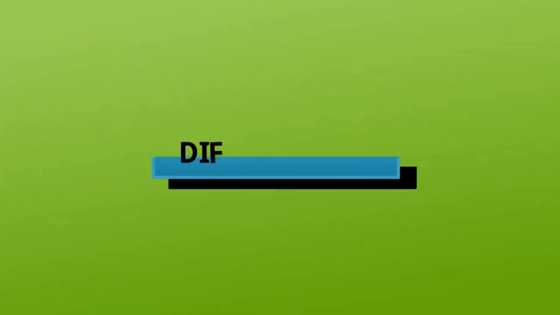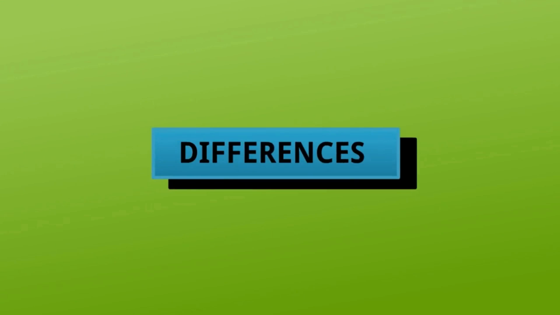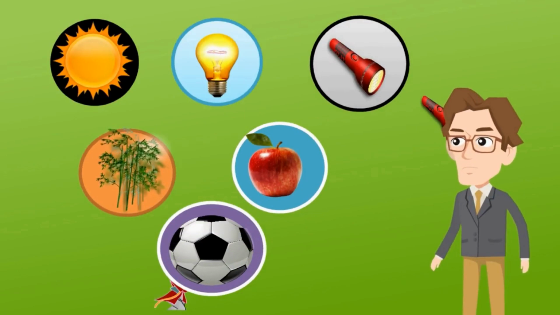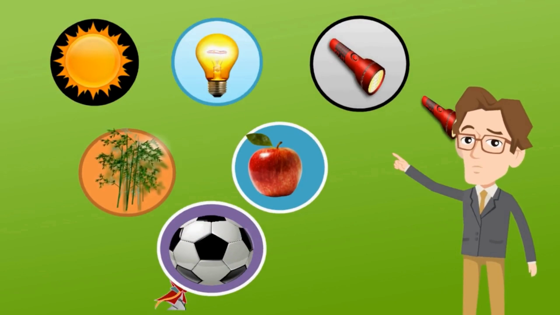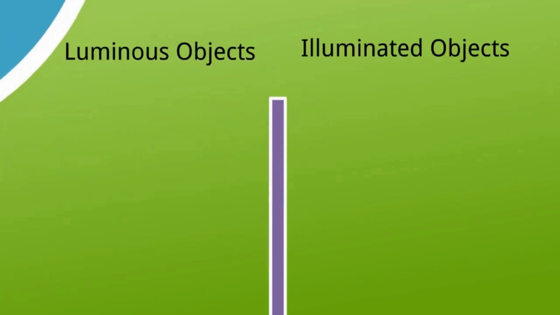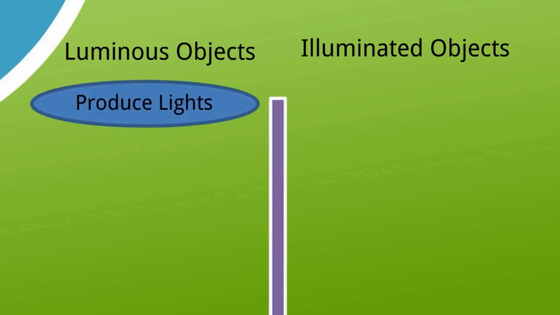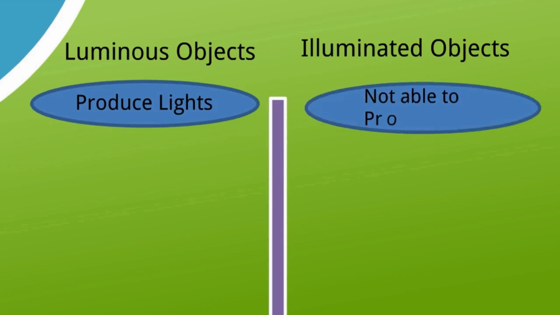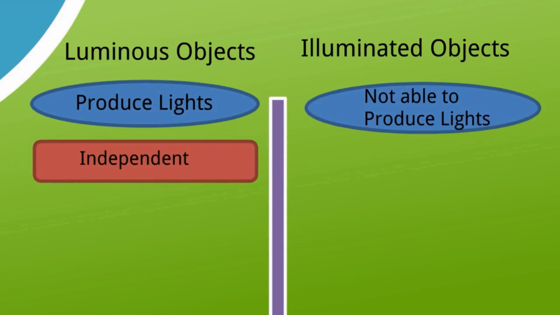Differences. Sometimes we get confused about sun or bulb or torch or plants, apple, football. So don't be confused. We can easily categorize luminous and illuminated objects. Let's see the differences between luminous objects and illuminated objects. Luminous objects produce light. Illuminated objects are not able to produce light. Luminous objects are independent.